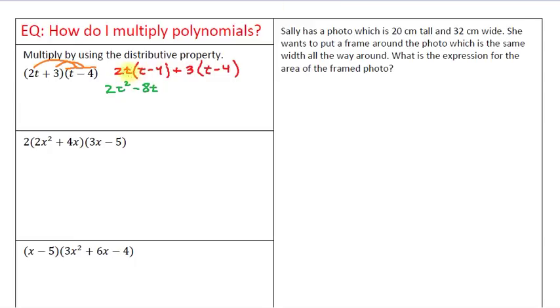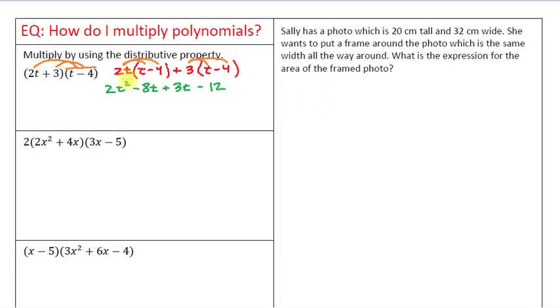Let's draw our lines so you see this. Now I'm multiplying these two terms and these two terms, and I'm going to multiply the 3 times the t and the 3 times the negative 4. So we've got 3 times t is just 3t, and that's going to be positive because we have a positive here. And then positive 3 times negative 4 is actually negative 12.